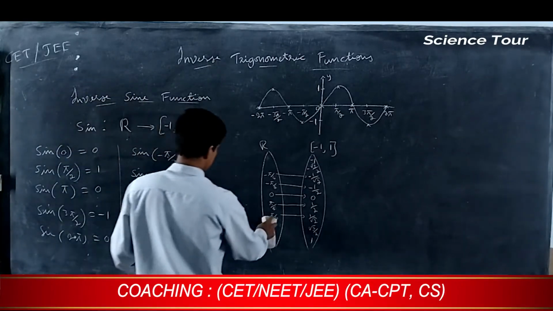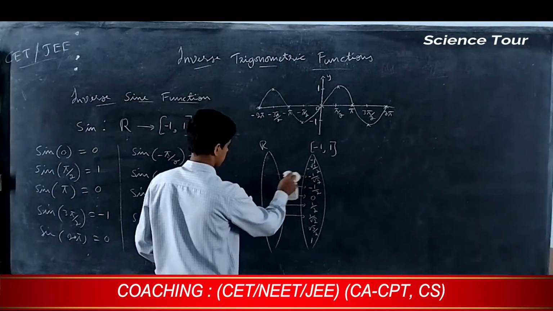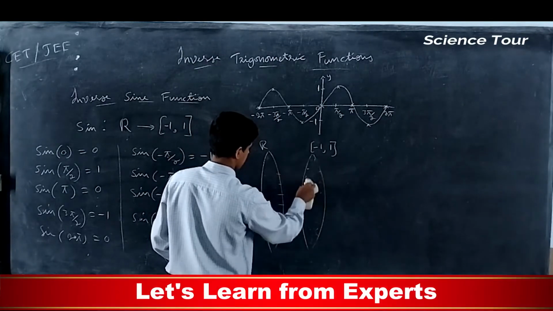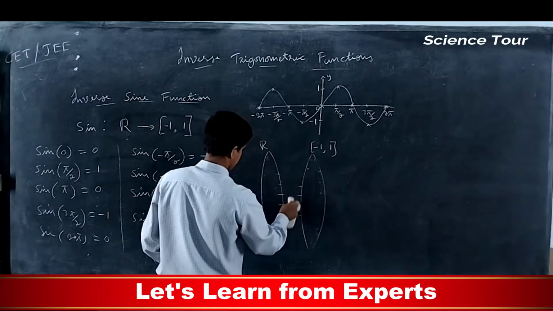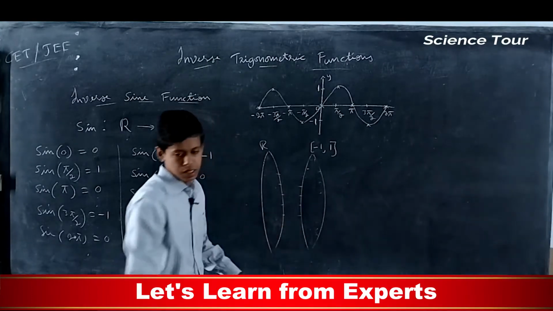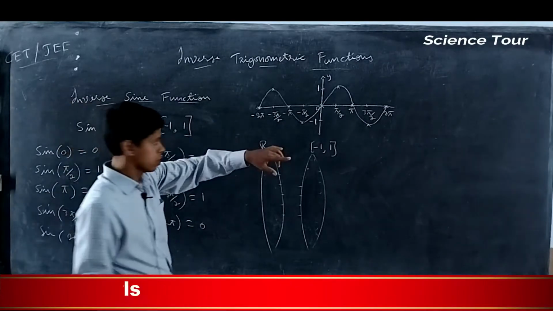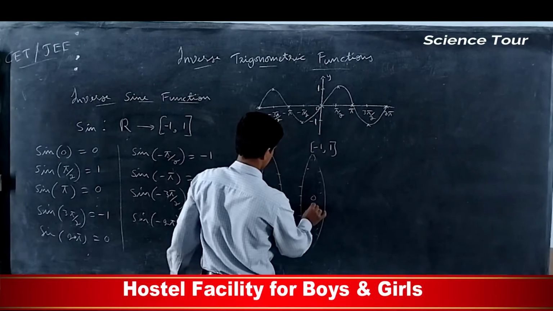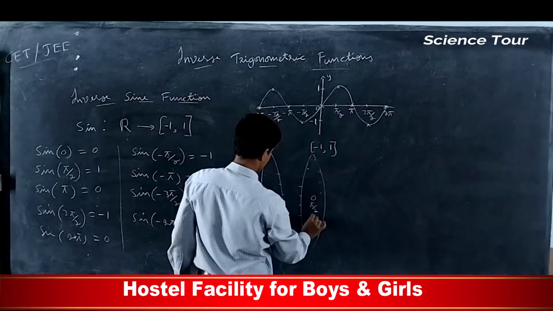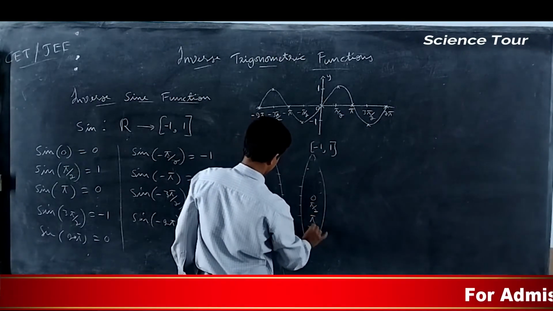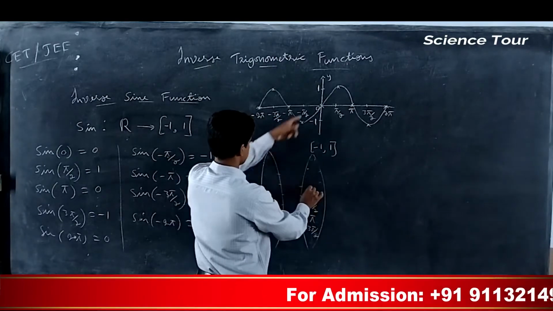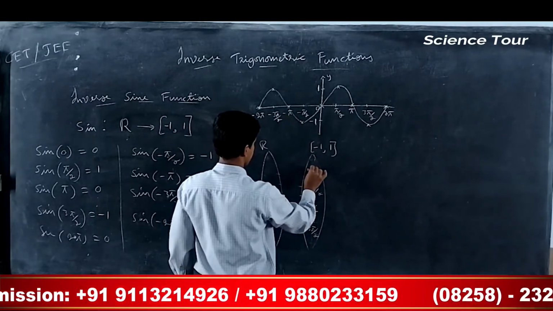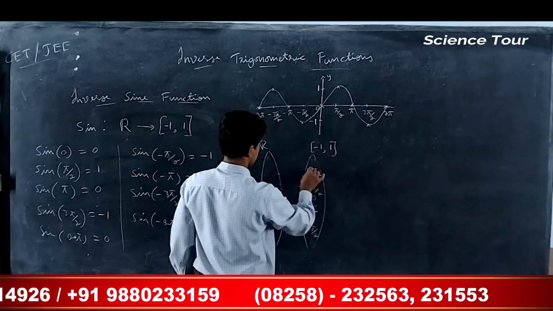For that sake I will write these values. So you have 0, then pi by 2, then pi. If you still need, I'll write 3 pi by 2, and this is minus 90, and this is minus 180, minus 3 pi by 2, and so on.